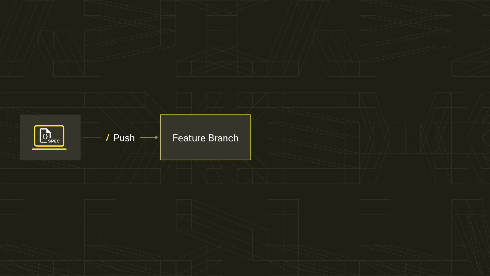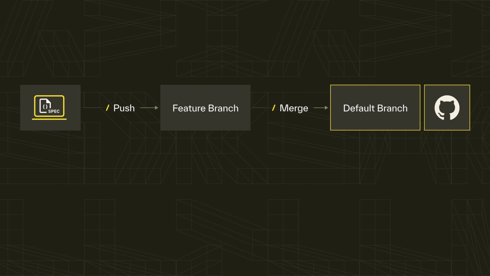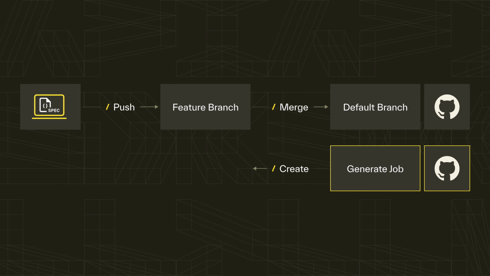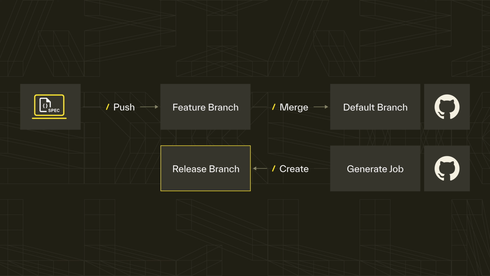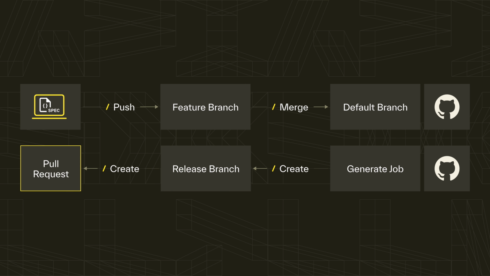To give you the big picture, here's a recap from the overview video of the release and publish process. Manual updates, such as configuration changes, should follow a feature branch style workflow, excluding all Speakeasy generated files. Once the pull request is merged into the default branch, the generate job runs to compile the SDK into a release branch and creates a corresponding pull request.